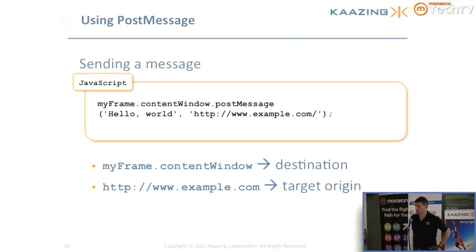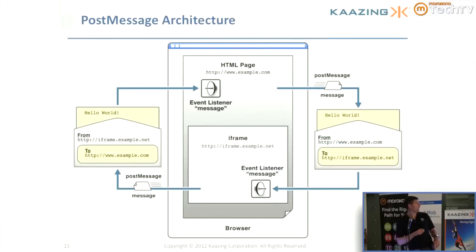So in JavaScript, that would look like this. You use postMessage, passing in the actual message, and that could be an object, it could be text, and then you also have to provide the target origin. That's an extra security feature. But what's important here is that the browser adds your origin, and that's something that can't really be spoofed unless you write your own evil browser.